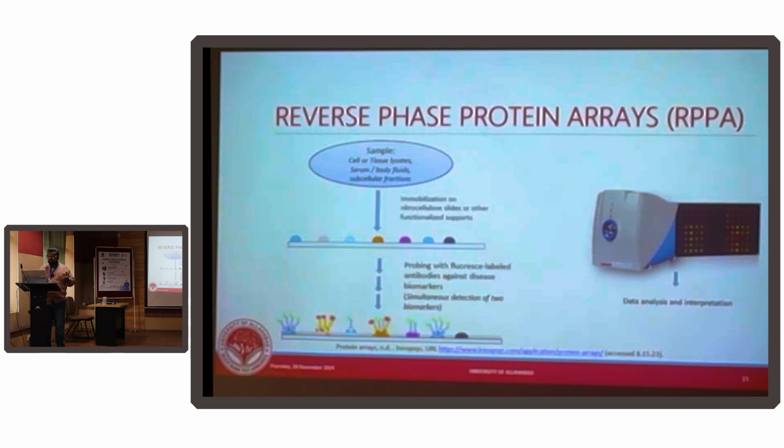And one more thing that you can do is simultaneous detection. You can use 2 antibodies, or 3 antibodies, depending on the amount of money you have. Also, when I showed you the first grid, here also you have a grid. Sometimes you can do specific incubations on specific grids.